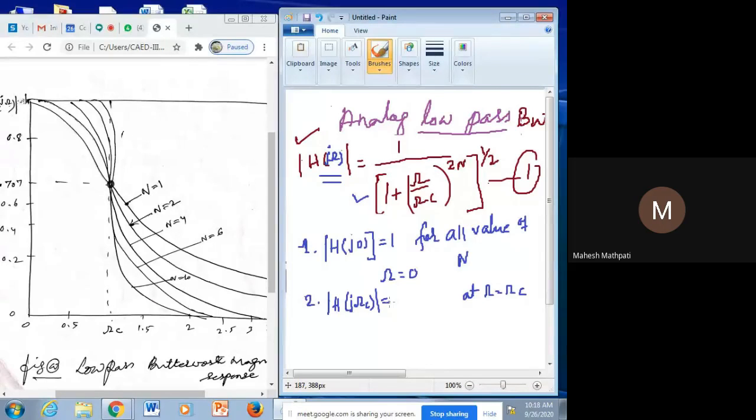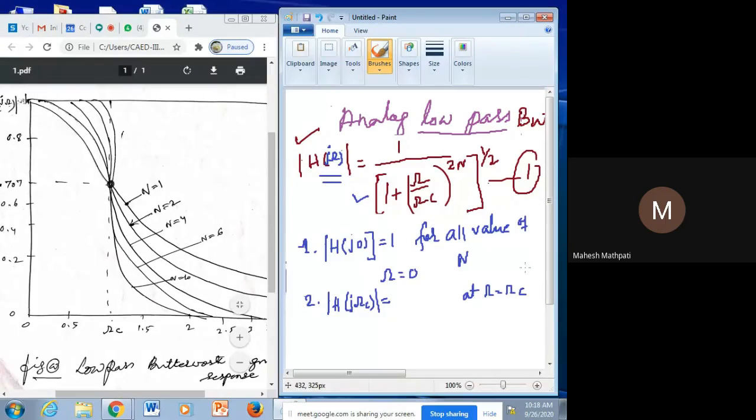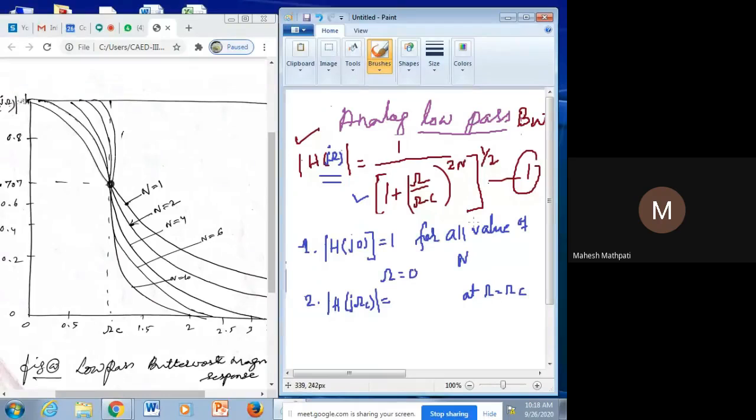Yes, it is 1/√2, क्योंकि अभी यहाँ पे हम वैल्यू लिख रहे हैं ओमेगा इक्वल्स टू ओमेगा सी, so this is omega c and omega c, so that I will write it as 1/√2. तो इसका 1/√2 का वैल्यू कितना है आपका? At omega equals to omega c, we are getting it as 1/√2.